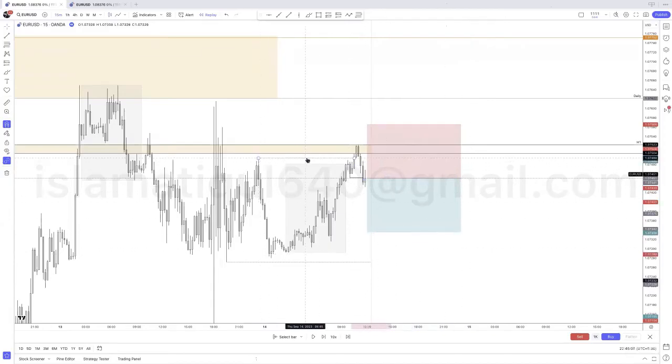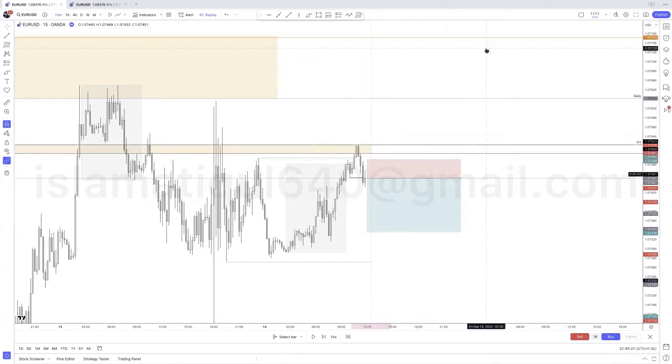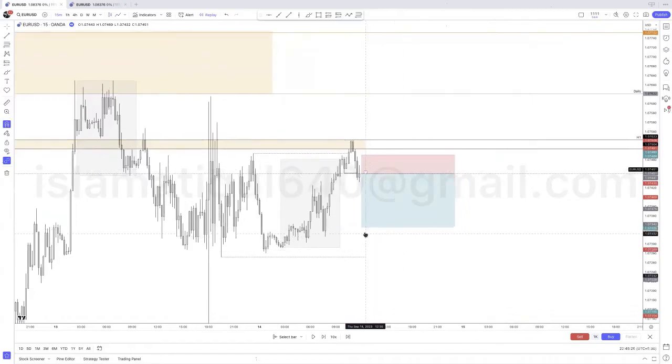We have liquidity being swept, structure being broken, moved up, tapped into this resistance again, made another perfect entry candle. I'm going to have my stop loss up here, 4 pips. Yeah, I'll have around 4 pips, because if it goes, it goes, that's it. And then we can target all the way down here, 4.5%.